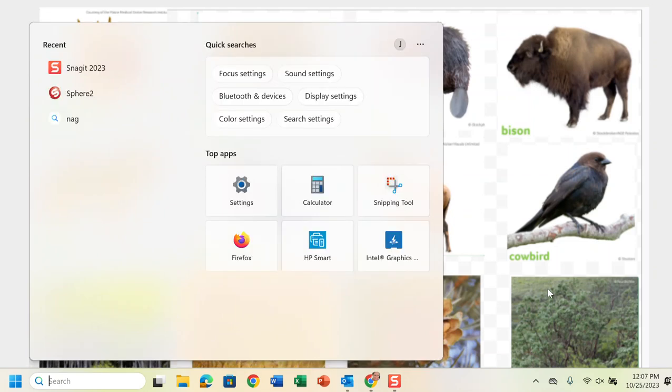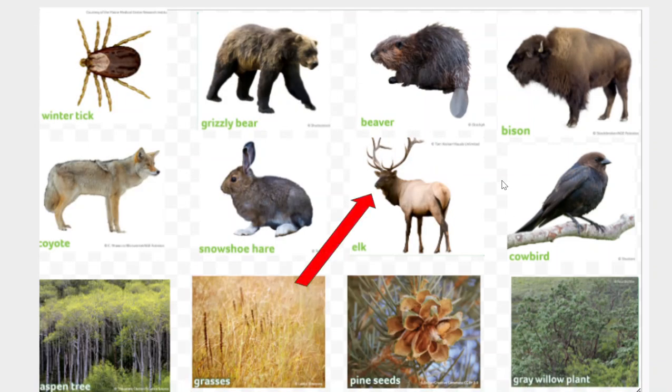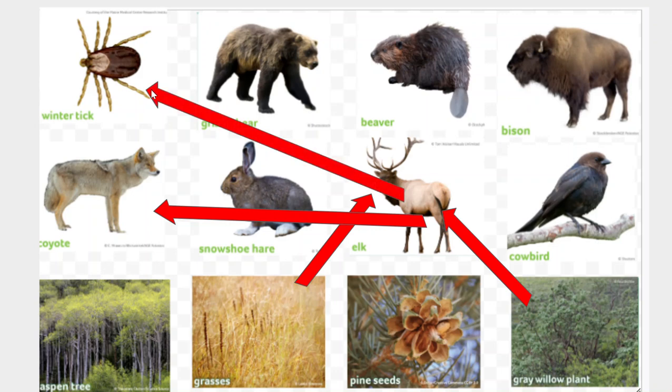So those were our organisms. And so as you make your food web, you know that elk are going to eat grasses, or they might be eating these gray willow plants. You know that the coyote might be eating the elk. And a tick might get its energy from the elk just by feeding on the blood of the elk.